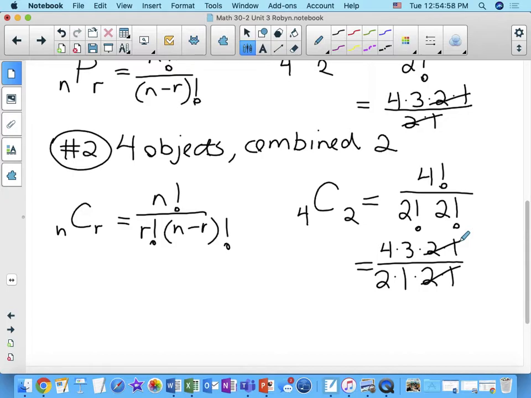And so that's why we have this extra factorial in the denominator. Now, 2 times 1 is what? 2. So 4 over 2 is 2. So we end up with 2 times 3, which is 6.